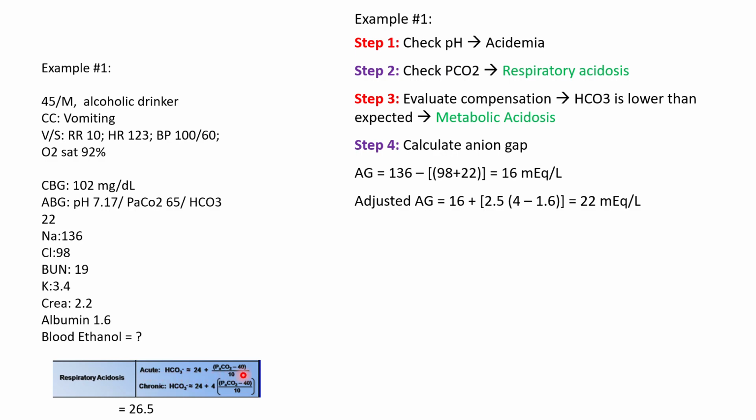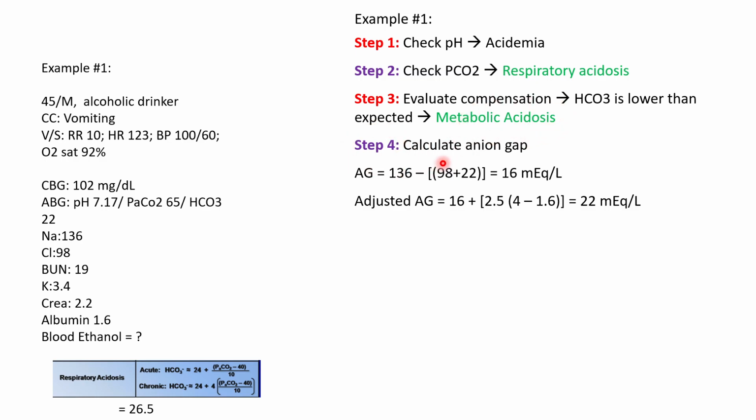So third, you check the compensation. Evaluate compensation. You see in that table a while ago, there is a table of formulas for compensation. So we grab this here. You see this respiratory acidosis. We will use the acute formula for compensation. And the calculated is 26.5. But your bicarb here is 22. So the bicarb is lower than the expected.